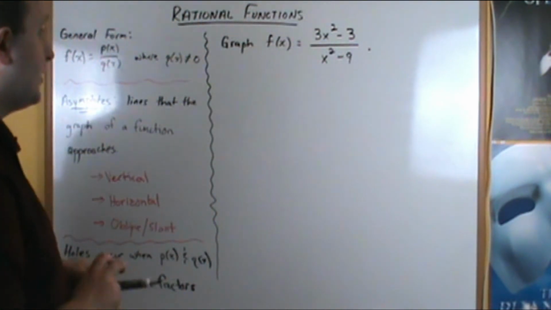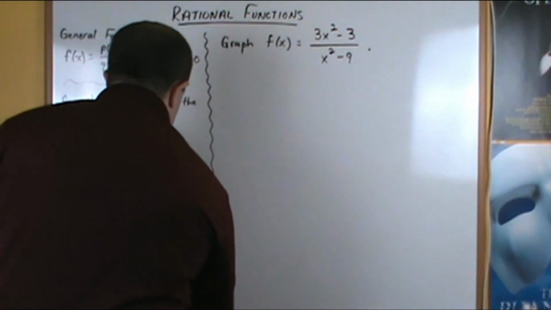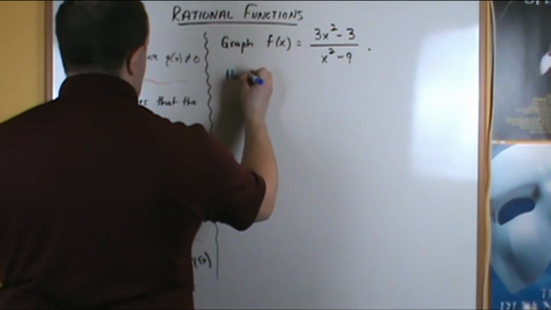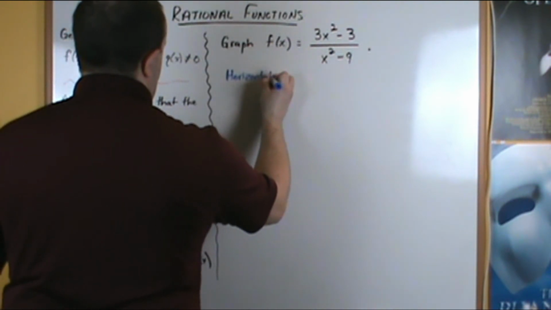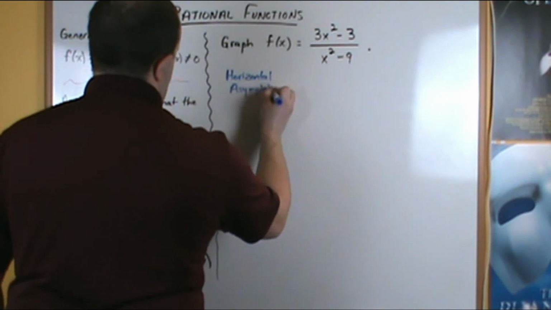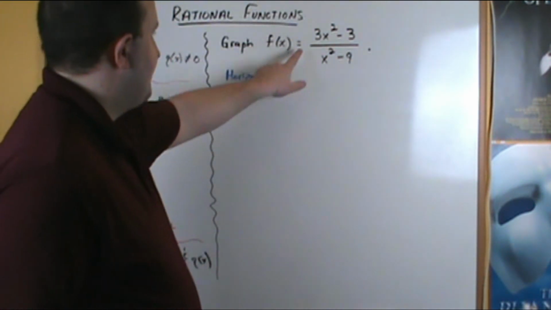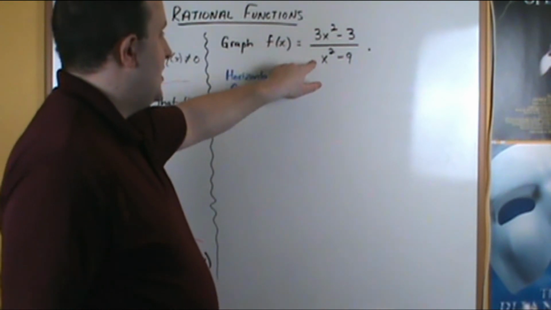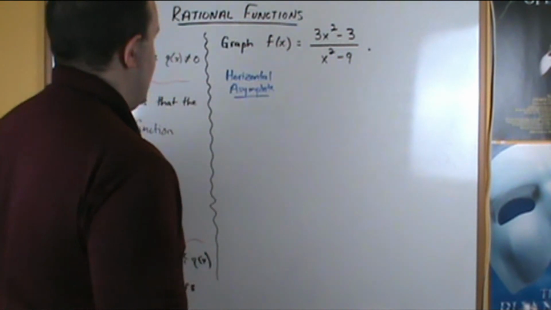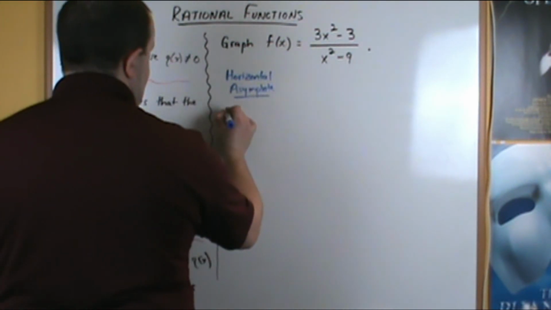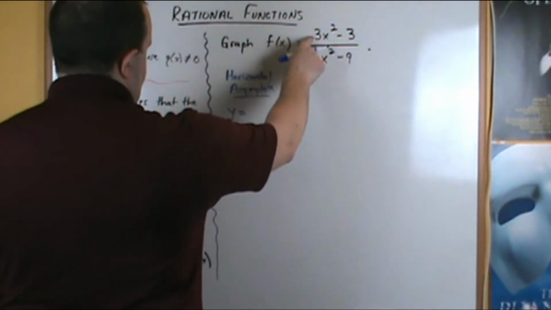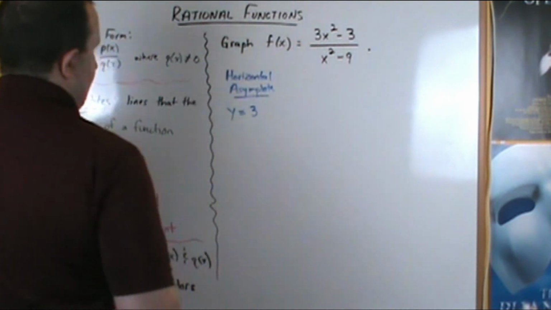Since the degree of the numerator and the denominator is the same, our horizontal asymptote is the ratio of the leading coefficients, which is 3 divided by 1. So our horizontal asymptote, that's a horizontal line. Horizontal lines are modeled by y equals 3 divided by 1, which is 3.